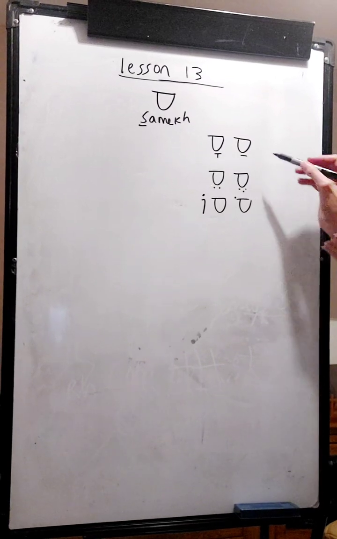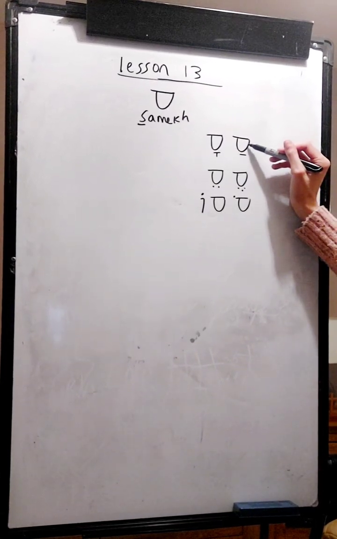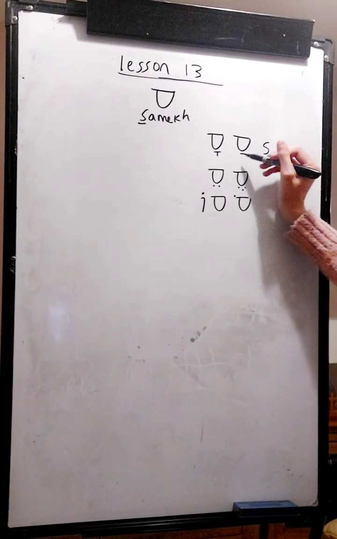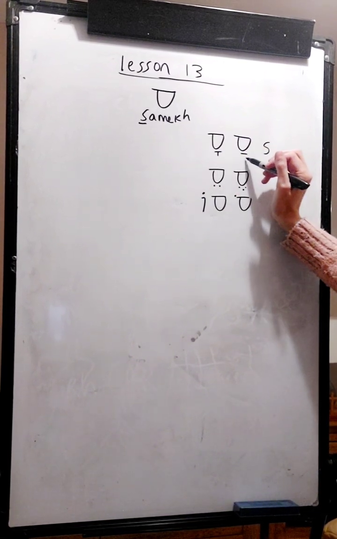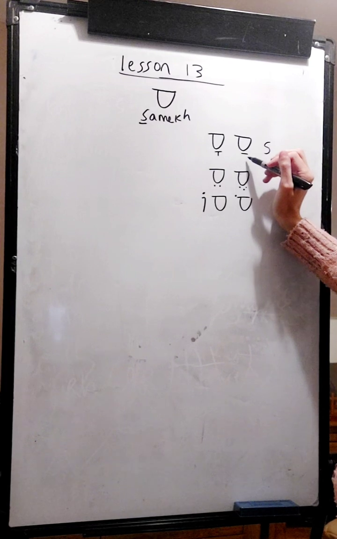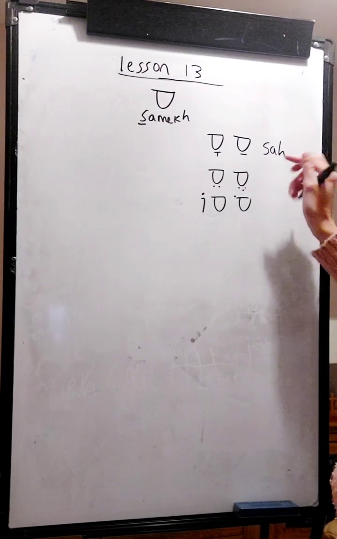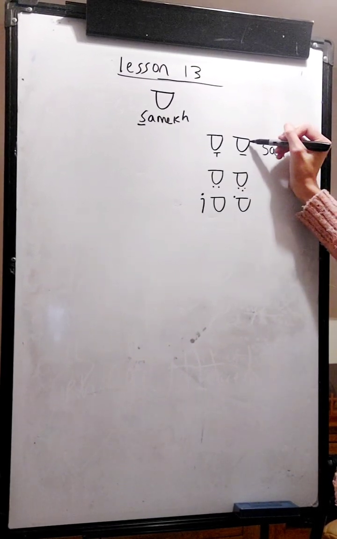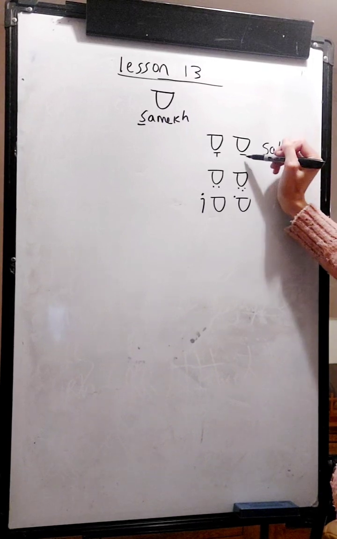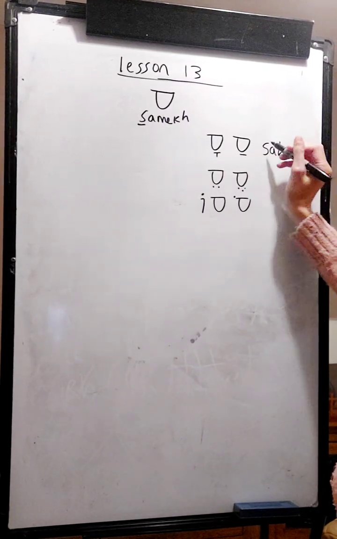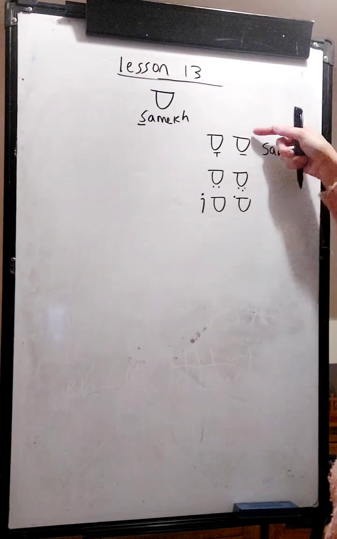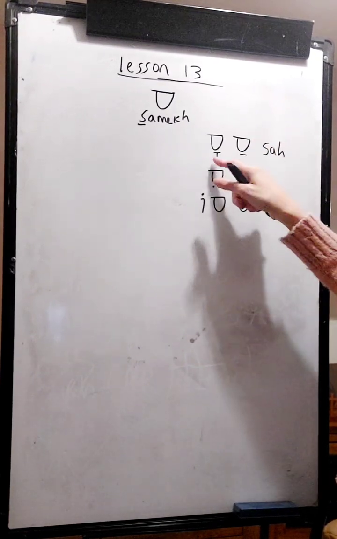Sound of the consonant, sound of the vowel: the little t, kamatz, and patach, the dash, which sound as a. So you write down the sound of the consonant first, then you look for the sound of the vowel, which is a, either of them or both, and you add it to the sound of the consonant and blend it together: sa, sa.